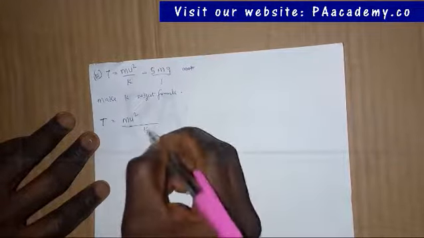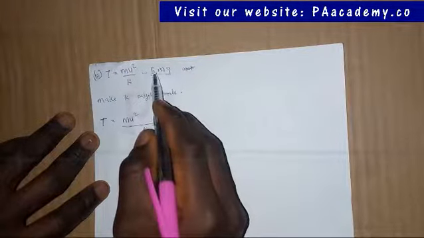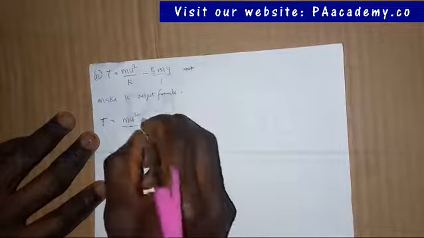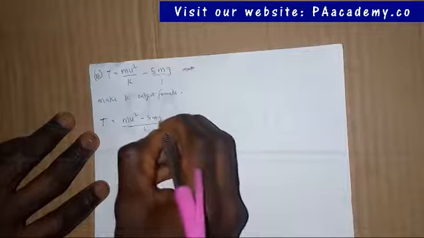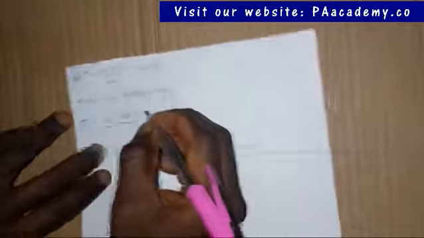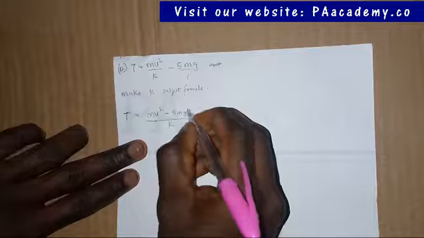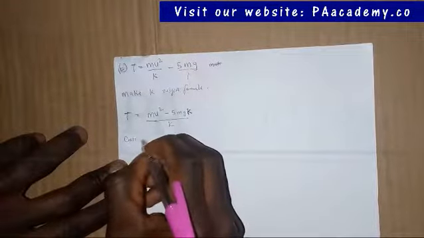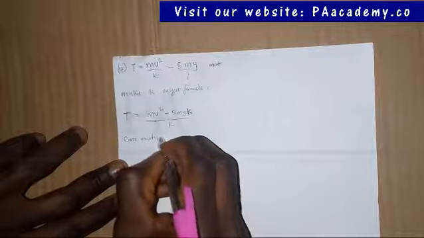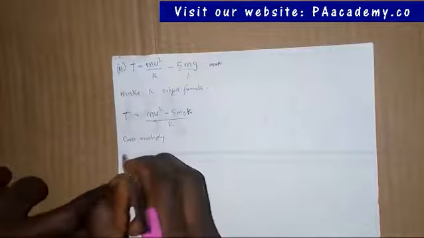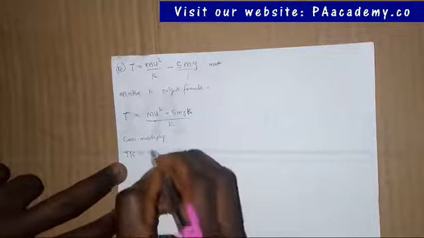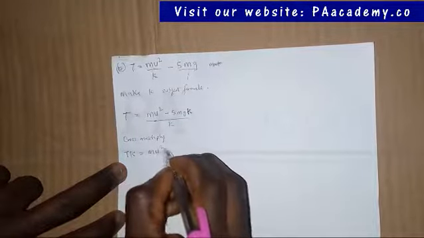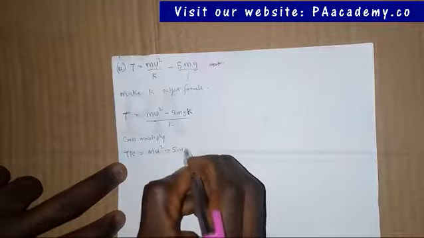Then k divided by 1 is k, multiplied by minus 5mg, so that will give us minus 5mgk. So now let's cross multiply. If we cross multiply, we are going to have tk equals mu square minus 5mgk.